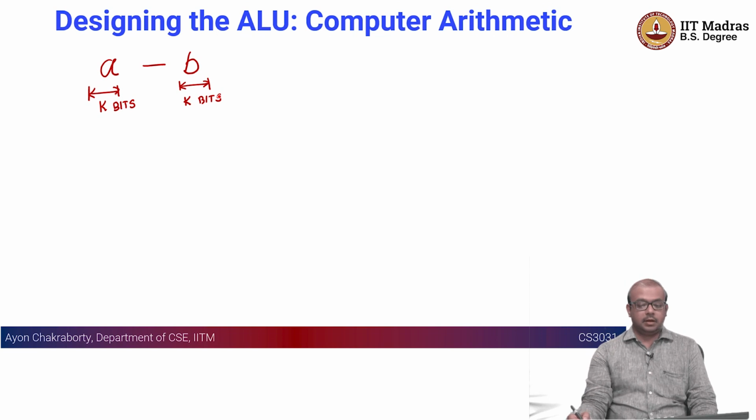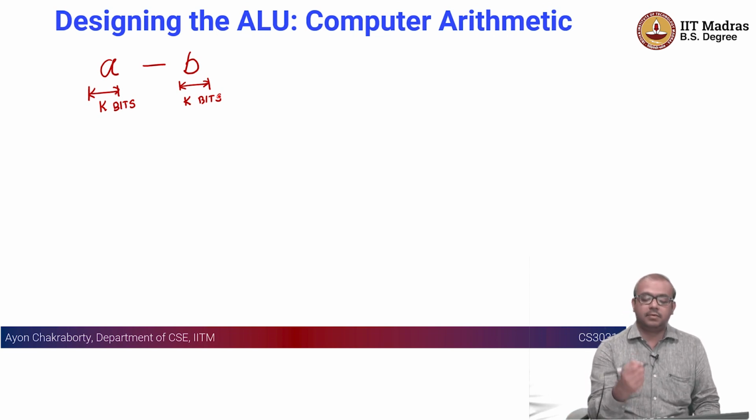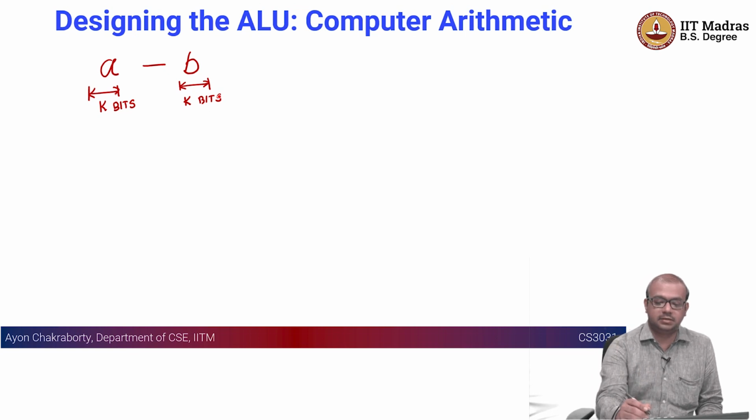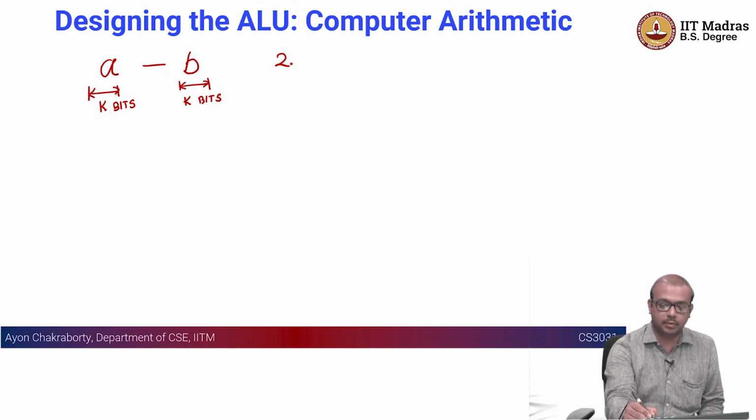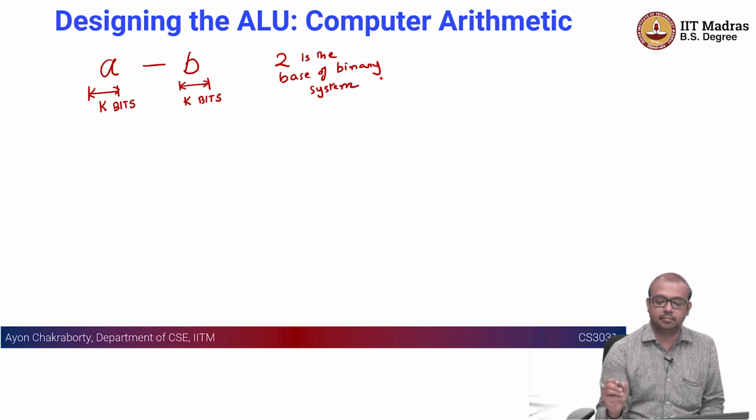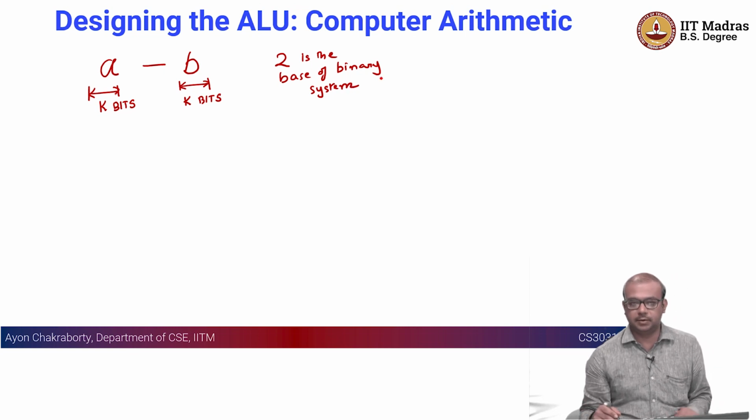And remember, what is the base of this system? The base of this system is 2. So 2 is the base of the binary number system. Only 2 values are possible, 0 and 1.